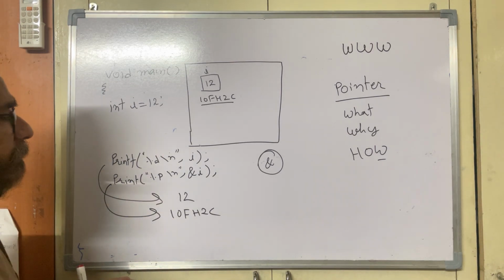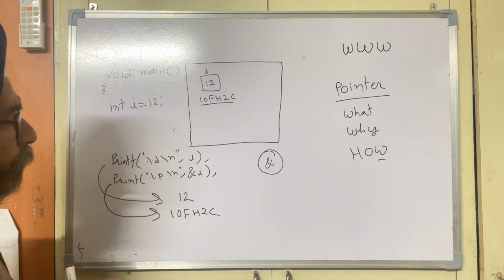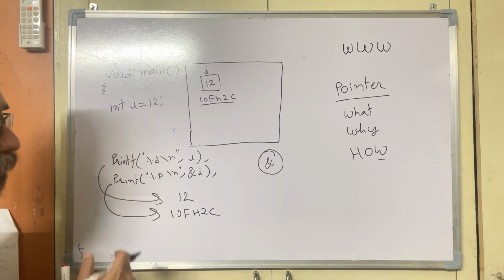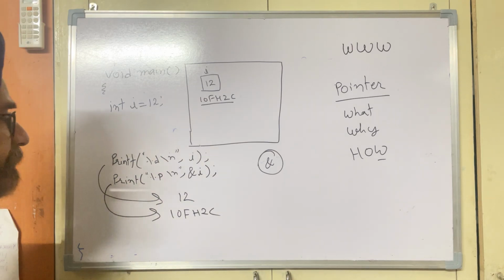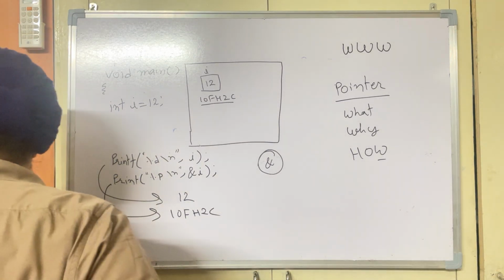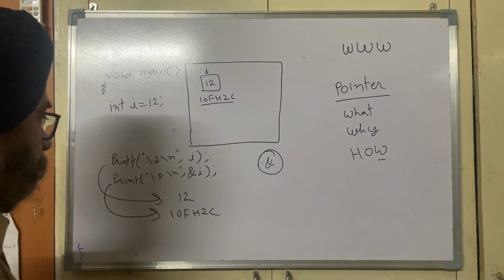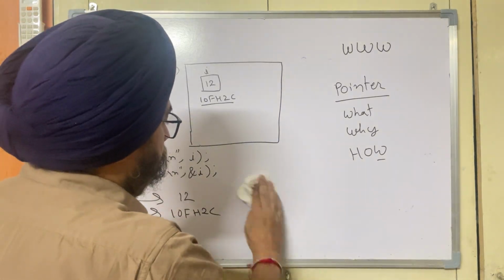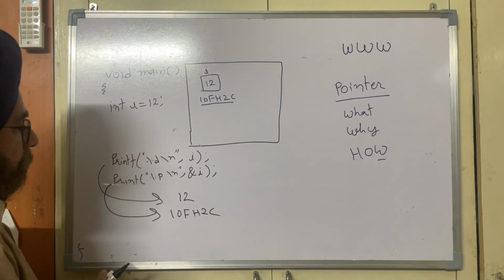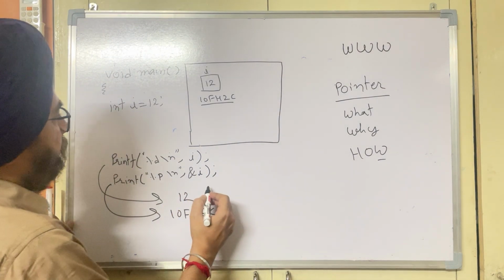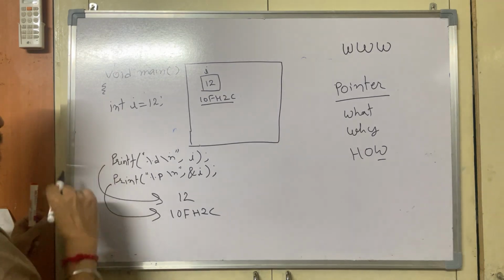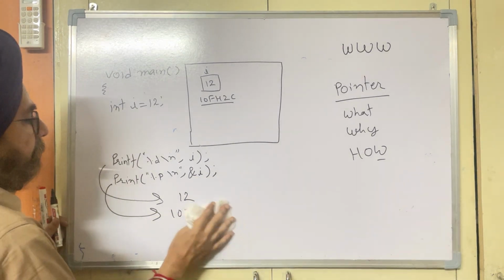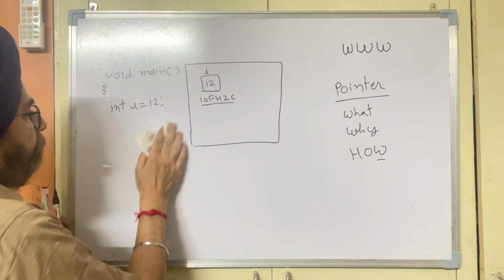Now we have another approach, using a pointer variable to give the value of this. So how do we implement this? In the next statement, I am just rubbing this out because it needs to be explored more.